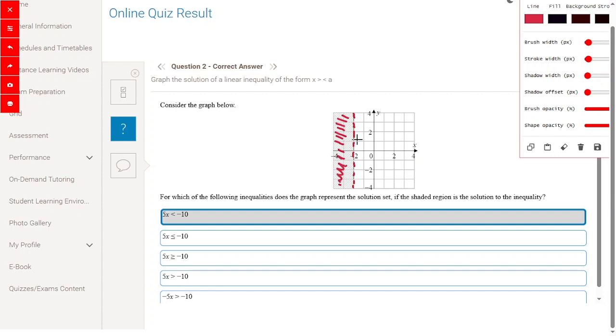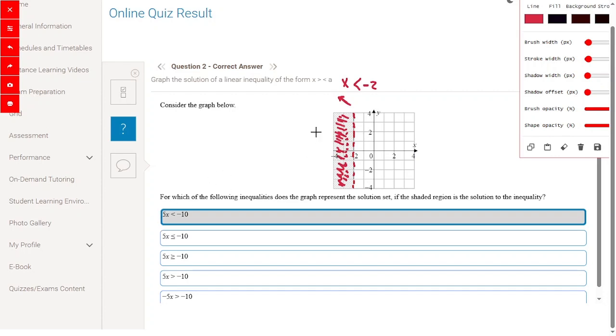Okay? Now, the equation of this line: we have here minus 2, so it will be x less than minus 2. So all the values to the left of the shaded region will be a solution for this inequality.